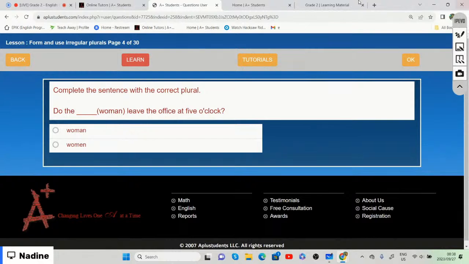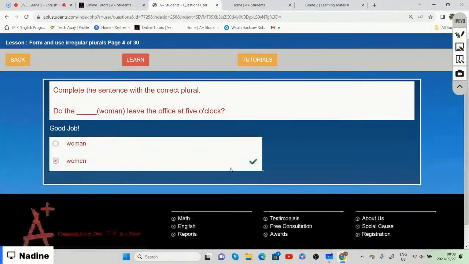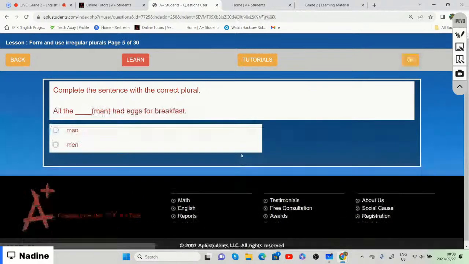And if we were to choose the correct plural, then we will say women. So women is referring to more than one woman.